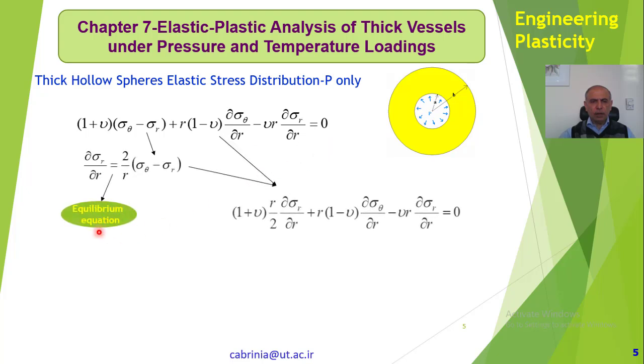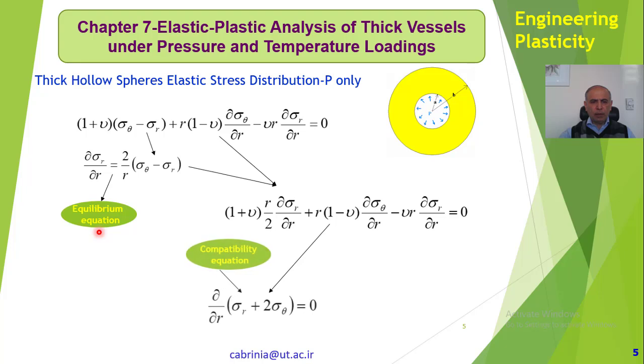Now we had this equilibrium equation, and we use these two equations. For instance, here for sigma theta minus sigma r, we could substitute r divided by 2 times partial sigma r partial r in here. Okay, so if we do that, we get this relationship here.